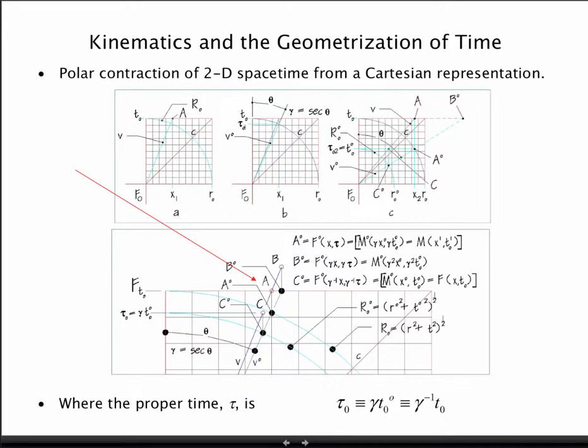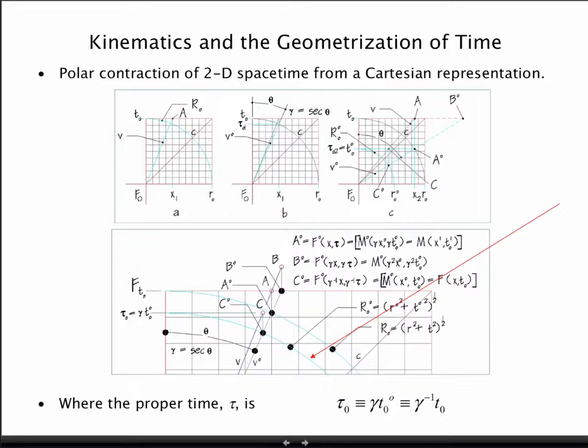This line is found by orthogonal projection of the intersection of v and t sub alt at A back onto the quarter circle r sub alt at A super alt. In the Cartesian system of F, this corresponds with the proper or contracted unit time tau sub alt.